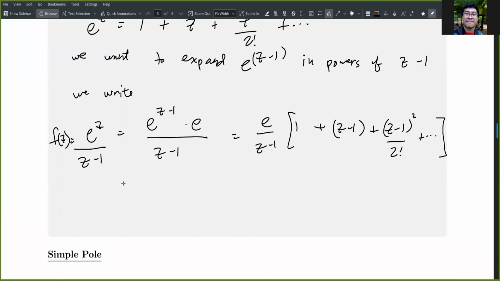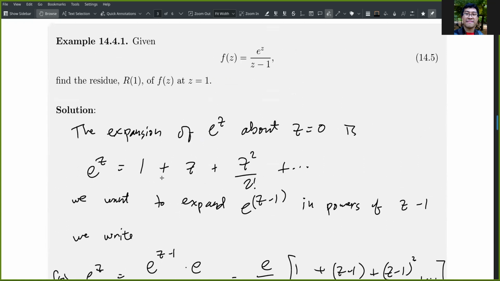So we can also write that as e over z minus 1 plus e and so on. The only term with z minus 1 in the denominator is this, and the coefficient e is our b1.